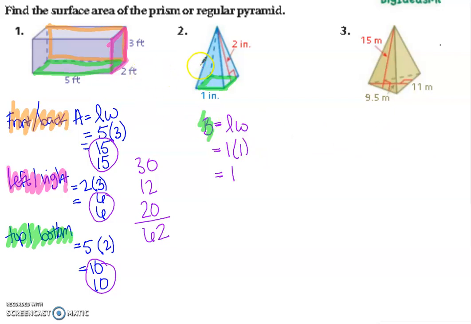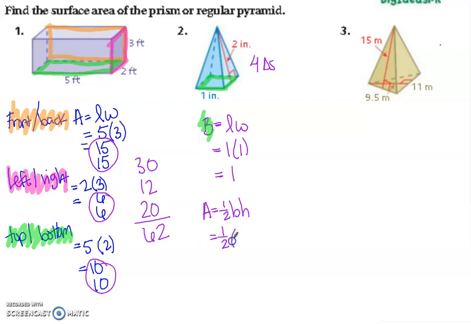Okay, and then as I'm looking at this, there's one triangle per side of the square. So there are 4 triangles in this picture. I'm going to find the area of one of them and multiply it by 4. Here we go. Area of one of the triangles, which is 1/2 base times height.